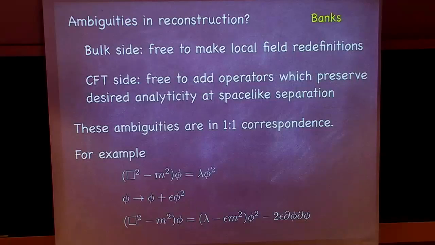Or conversely, if you come up with some combination of CFT operators that you can add that don't spoil analyticity, by construction, such a combination acts like a local thing in the bulk. It commutes at space-like separation. You should be able to think of it as a local field redefinition in the bulk.